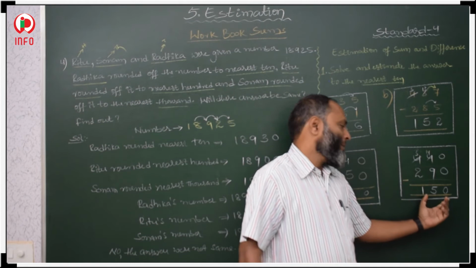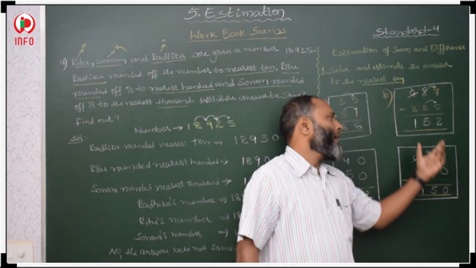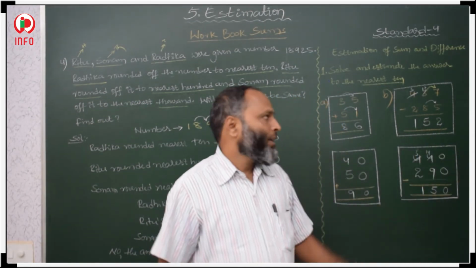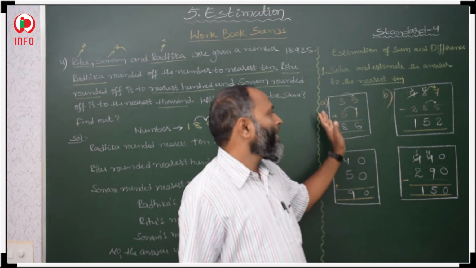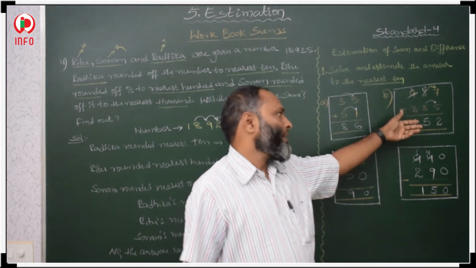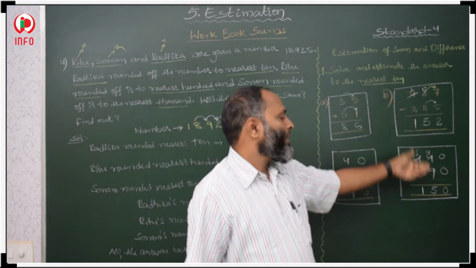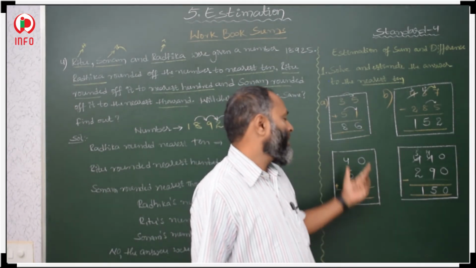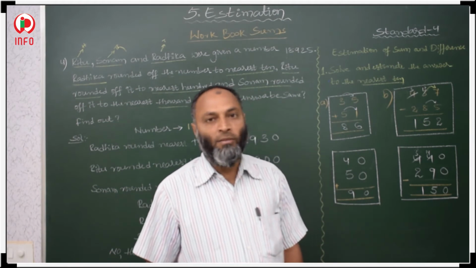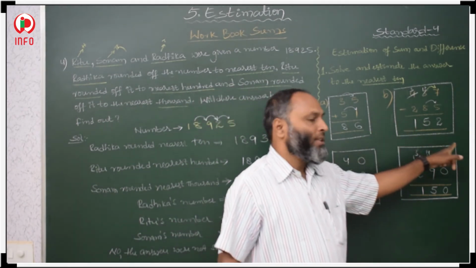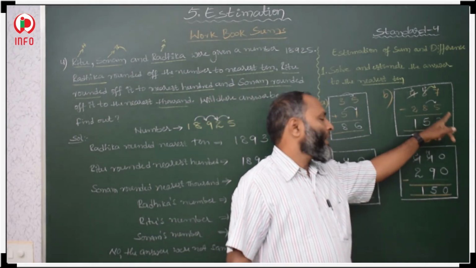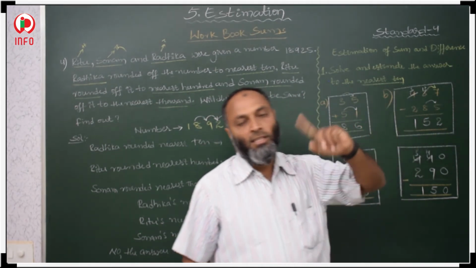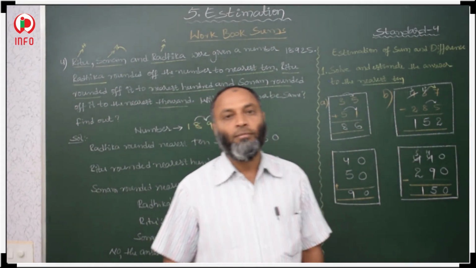So the estimated answer is 150. Actual answer is 152. In this way we have to make nearest to tens. Then after that actual minus and estimated minus we have to find, and actual addition and estimated addition also we have to find. One more question is left in this bit, that minus question is left, that is for your home assignment.